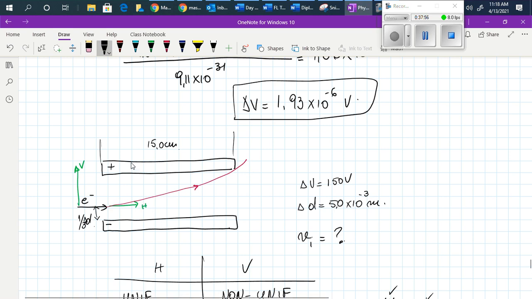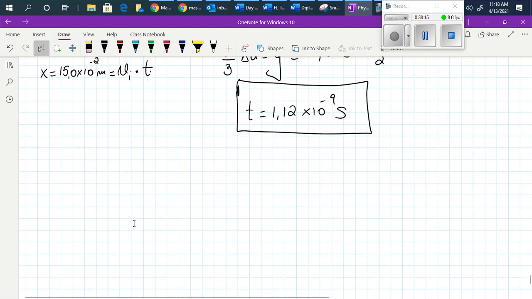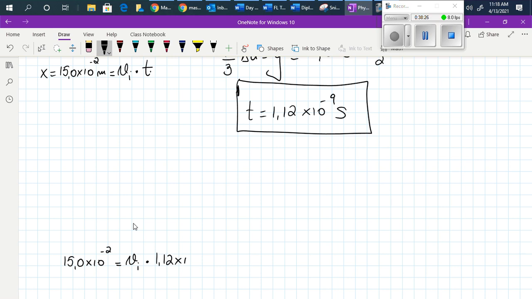Then we can say that x is equal to 15 centimeters, and it will be equal to v initial times time, which we just found. And from here we find the initial velocity. So 15 times 10 to the power of -2 is equal to v initial times 1.12 times 10 to the power of -9.